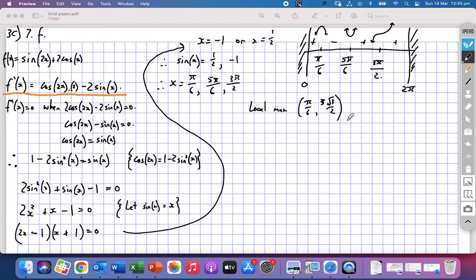Okay, so square root 3, that's about 1.8-ish. I'd like to know roughly how high that is in decimal numbers, because we have to do a sketch.